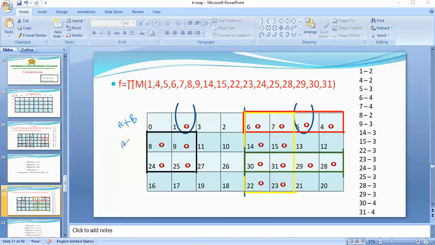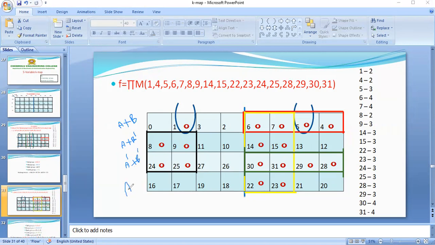0 1 means here A plus B bar. In similar way here, A bar plus B bar.